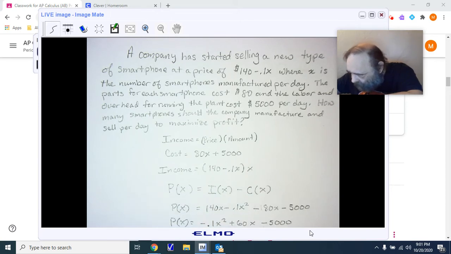We want to find when this is equal to 0, which means I'm going to subtract the 60, divide by negative 2 tenths. Double negative is positive, and I'm looking at 300 smartphones per day.